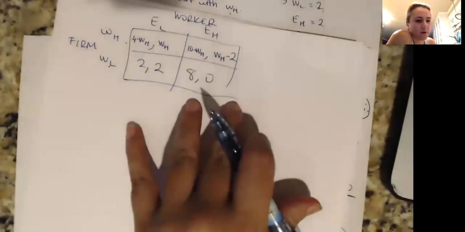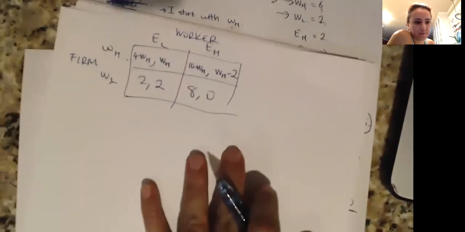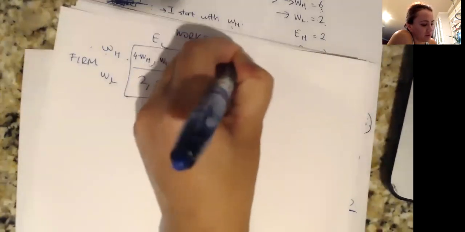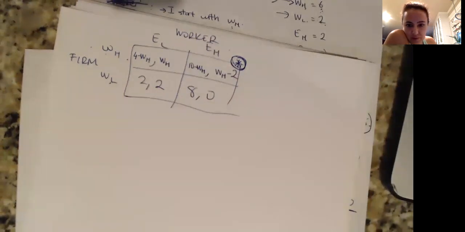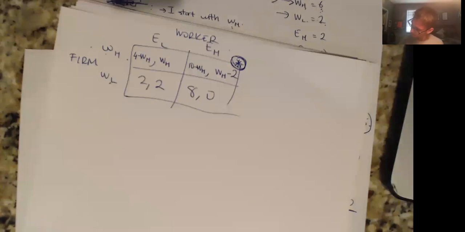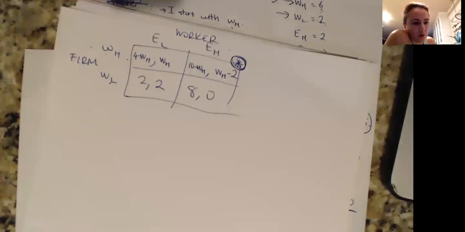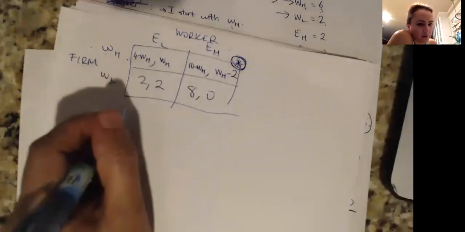Okay, now I'm going to repeat the exact same calculations. So I want WHEH to be in equilibrium. This is for the repeated game, right? Yes. So if the worker chooses EH, he's going to get WH minus 2 forever.